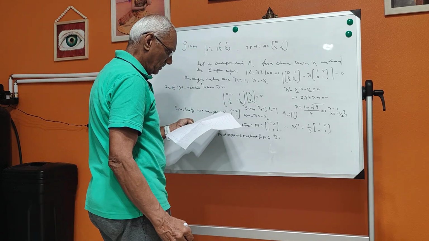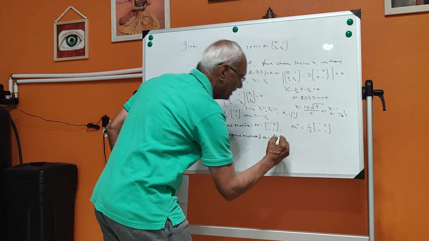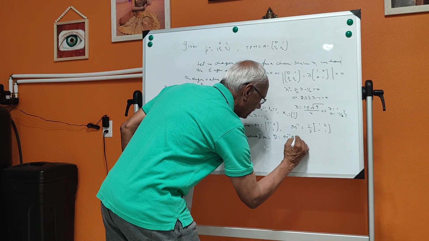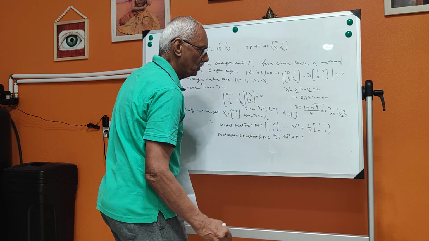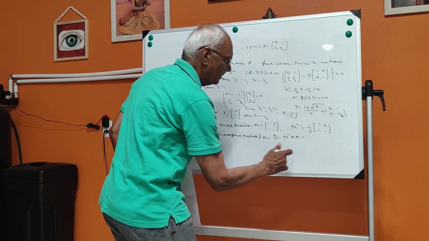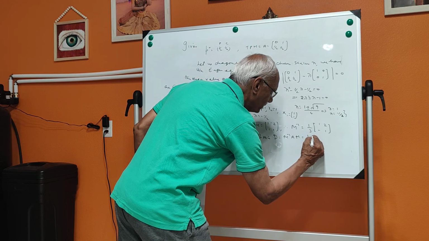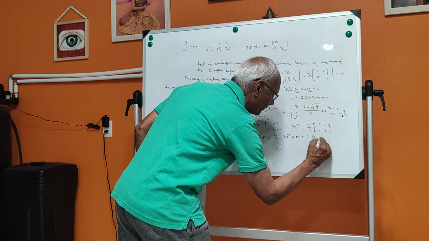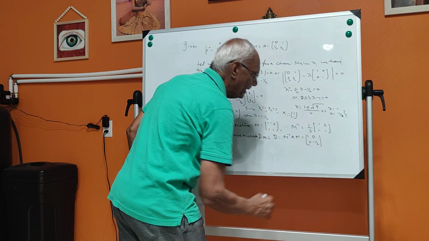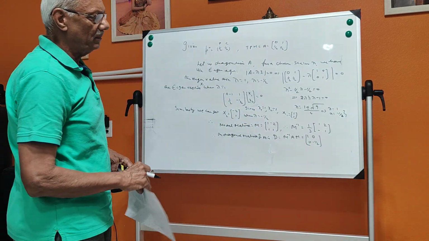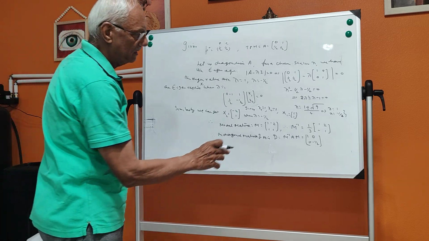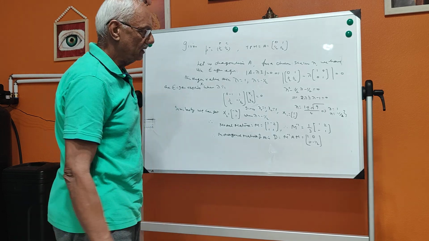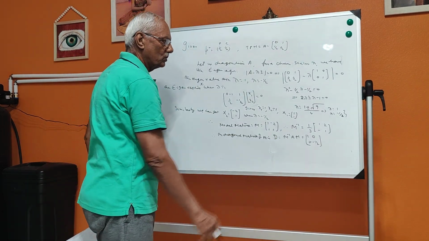Your diagonal matrix is M inverse A M. If you substitute and get the values, you will get 1, 0, 0, minus half. Here you must know that this diagonal matrix is nothing but the matrix in which the principal diagonal elements are 1 and minus half, because they happen to be the roots of the equation.